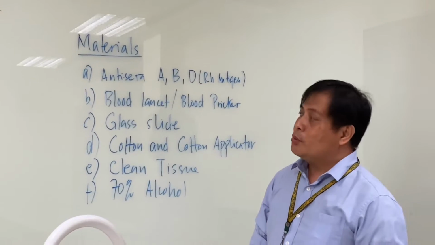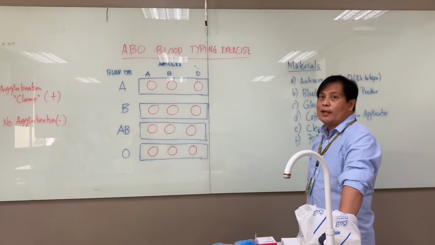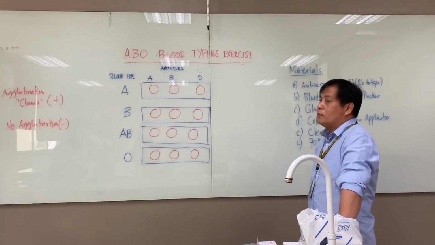To start with the theoretical concept of ABO blood typing, I would like to start with the different blood types that we have.